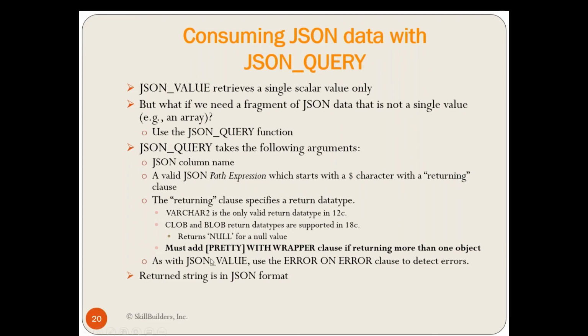As with JSON value, it has the error on error clause if you want to detect things that are missing. And it returns the string in JSON format. So now this is JSON query, so it's not returning just a scalar, it returns a string in JSON format. If it happens to be an array, it returns it in square brackets. If it's an object, curly braces, and so on.